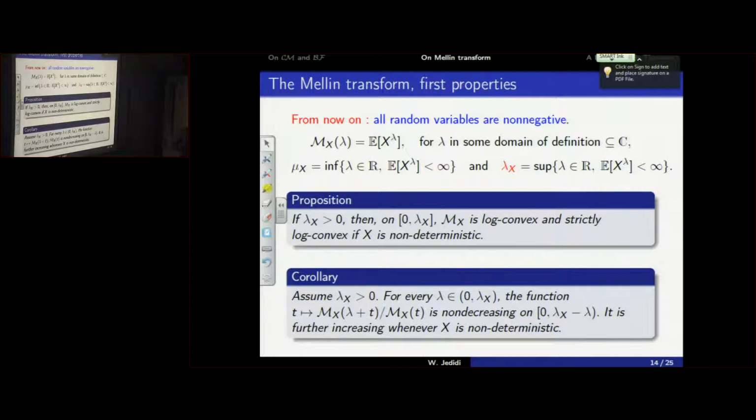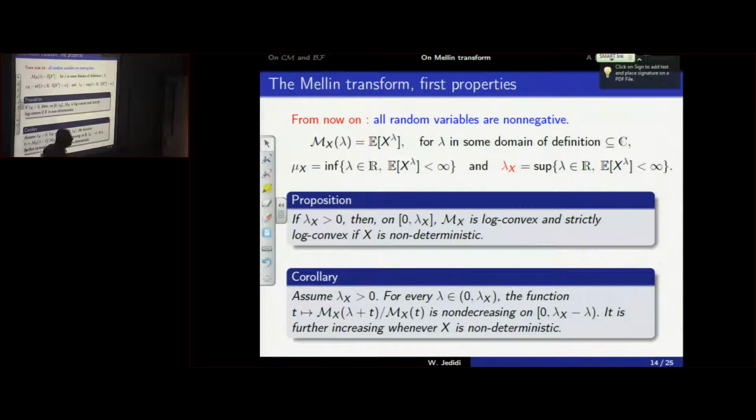This part solves a very old problem due to Harkness and Shantaram, raised in 1969. I will try to convince you about the importance of the problem from the probabilistic point of view and also the analytic point of view. So first of all, we consider positive random variables and what we call their Mellin transform.